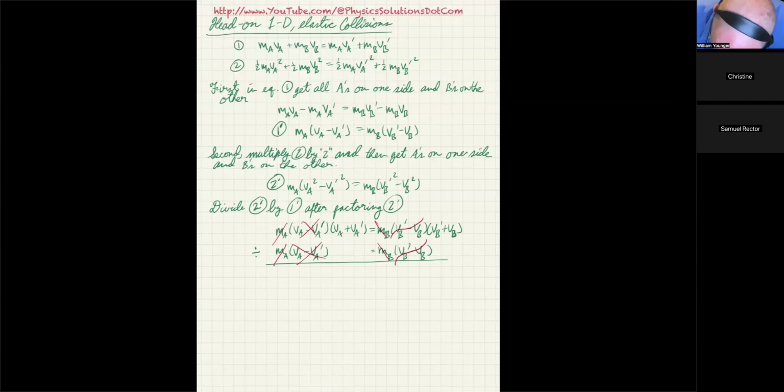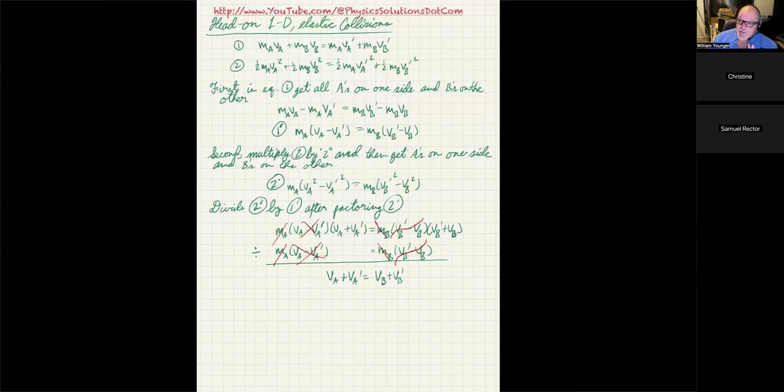And all I'm left with is VA plus VA prime is equal to VB plus VB prime, like that. And that's not necessarily the best way to write it. I'm going to get rid of the A's being on one side and the B's being on the other.